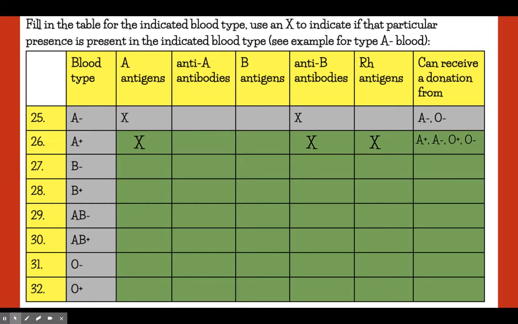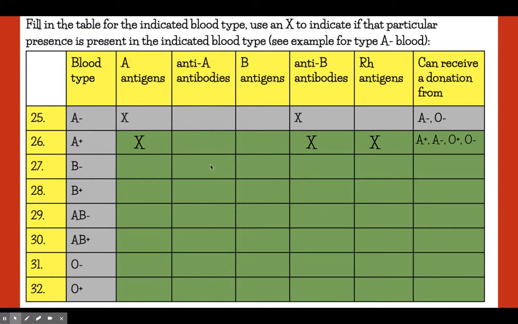And then in the future, they would have those antibodies ready to attack Rh positive cells. Those cells may be like a transfusion reaction situation, but it could also be their baby. So we always protect our negative people by not exposing them to any blood cells that have that positive Rh antigen.